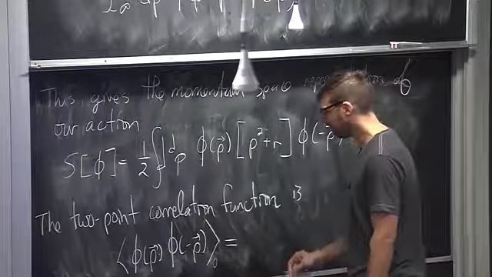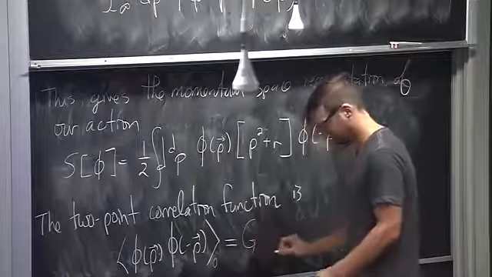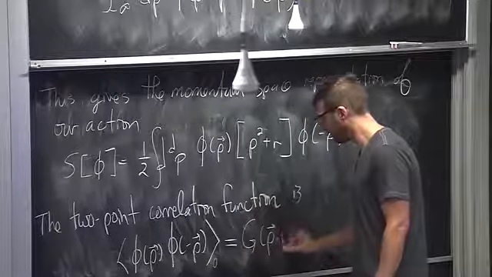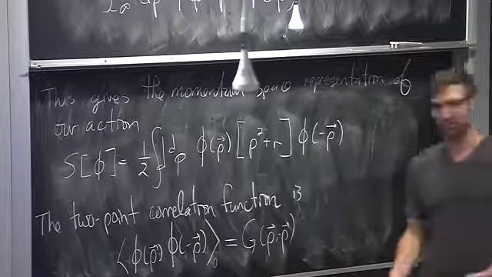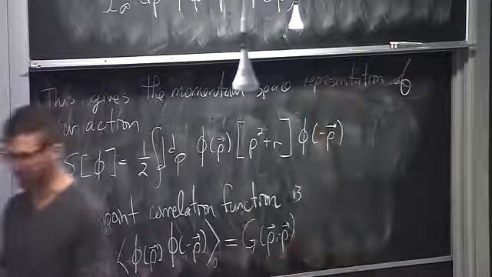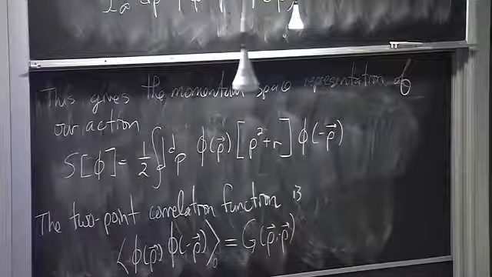But that thing's the Green function, which is the basic object that you need to calculate for all of these more complicated expectation values and so on.